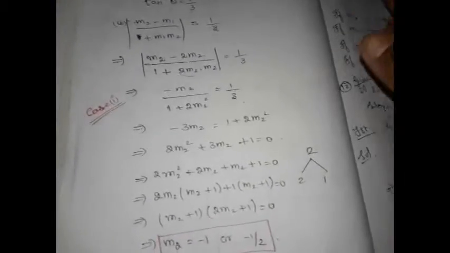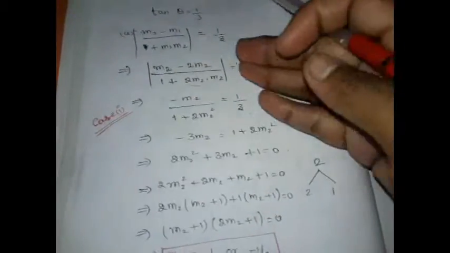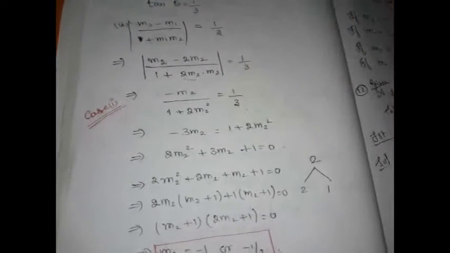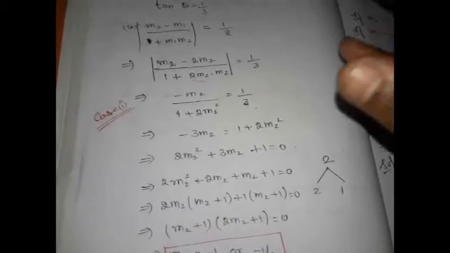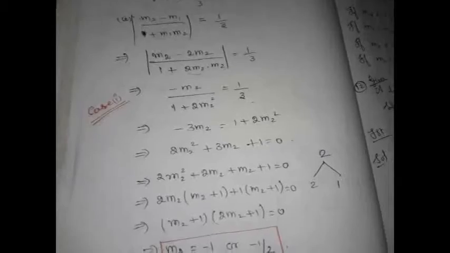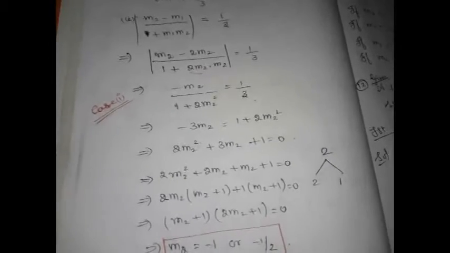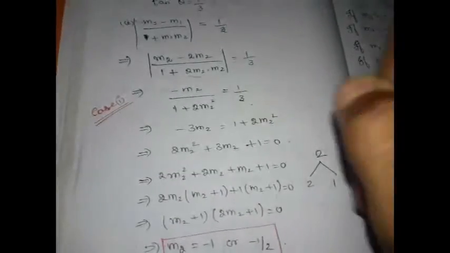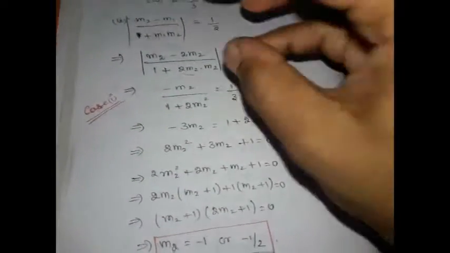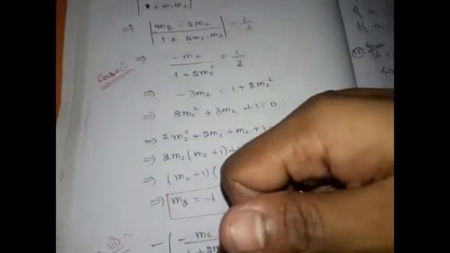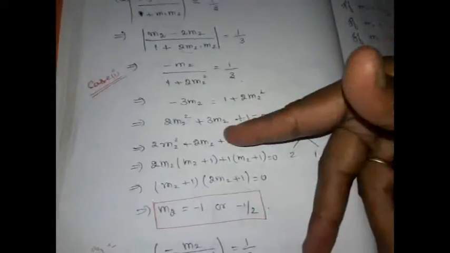Because it is given that the modulus of this is equal to 1 by 3. When we express the absolute value inside the modulus, even if it is negative, we express it as a positive value. That's why we write it inside the modulus. So this is equal to 1 by 3 means either this value can be positive or this value can be negative. So we have to analyze both cases.